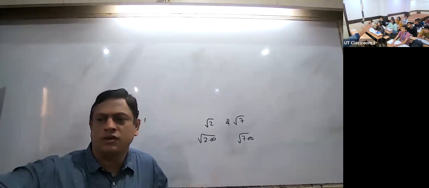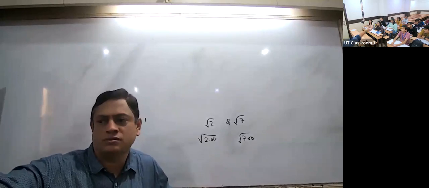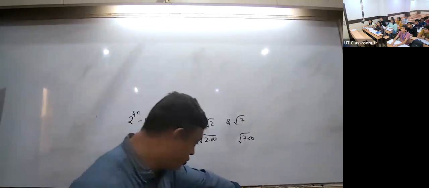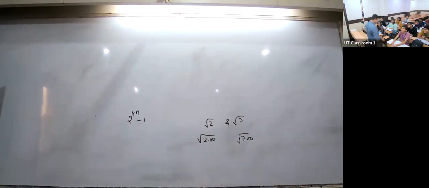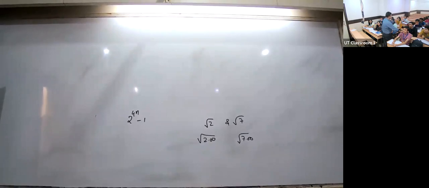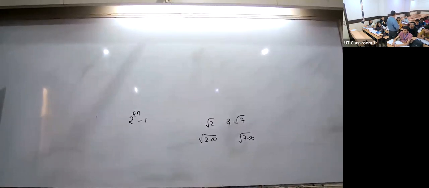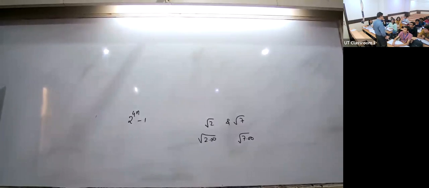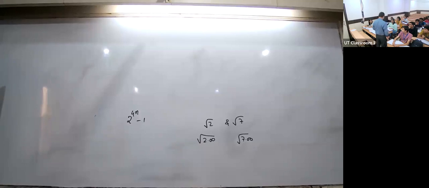Between 200 and 700, tell the perfect squares. You know the squares till what? 12?